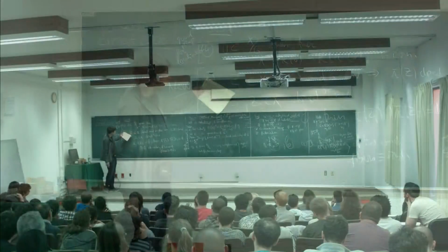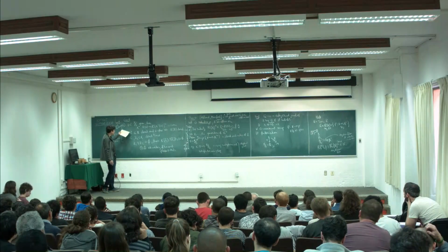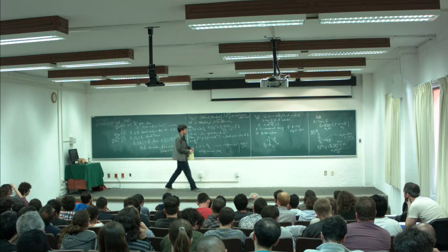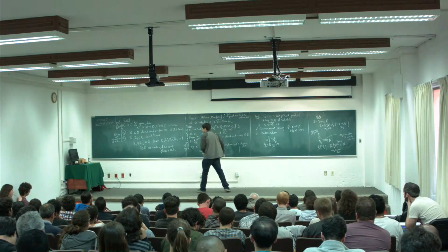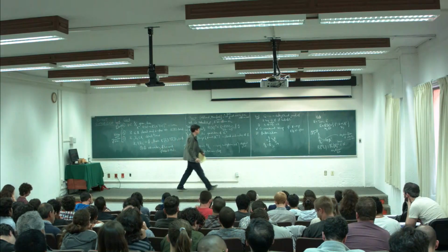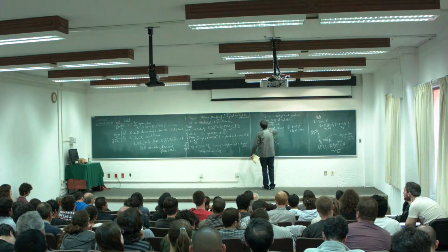And moreover, and this is why GIT is good, are these properties 5 and 6. I'm running short on time, so just a quick comment.